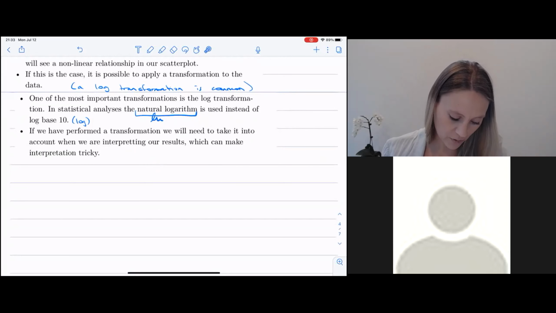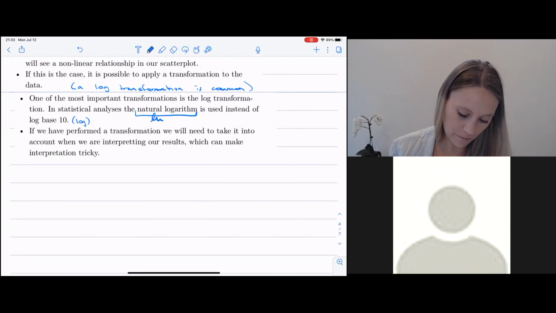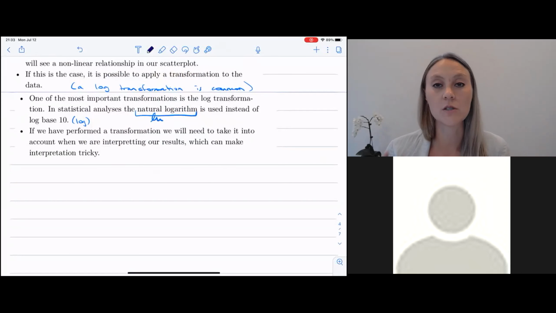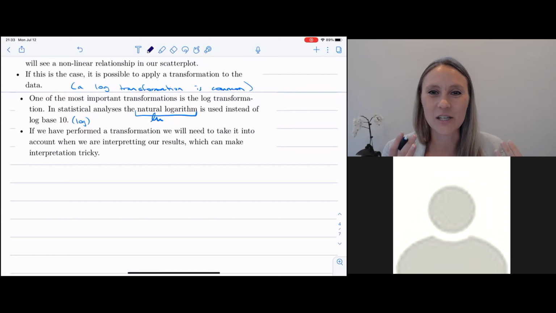Often what happens is once you've taken a transformation, the nonlinear relationship turns into a linear relationship, and then you can model it using the tools that we're about to learn.